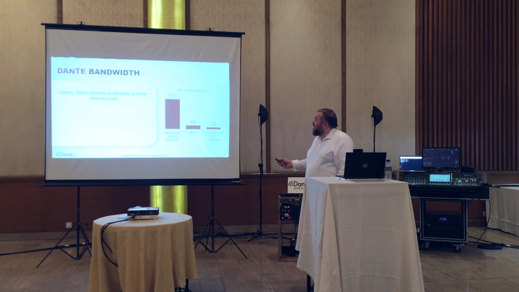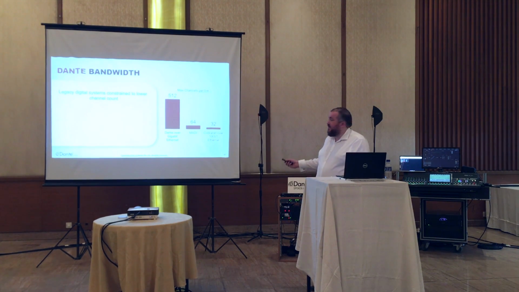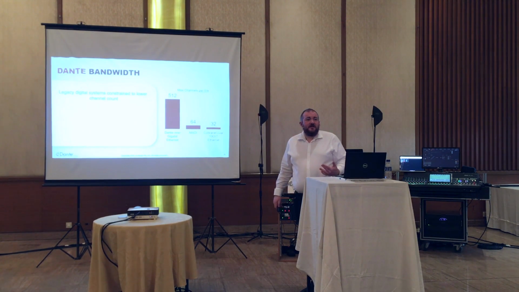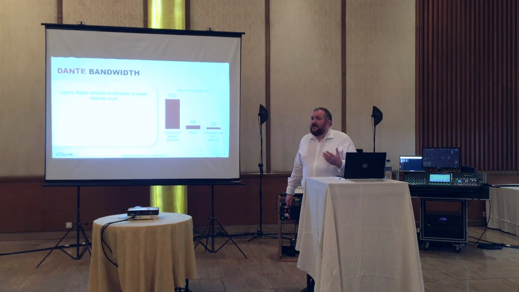Bandwidth, it's just a little comparison. So on a gigabit Ethernet link, we can happily move 512 channels in each direction. And when you start looking at how IP networks function, they really are like having lots of multi-cores around.